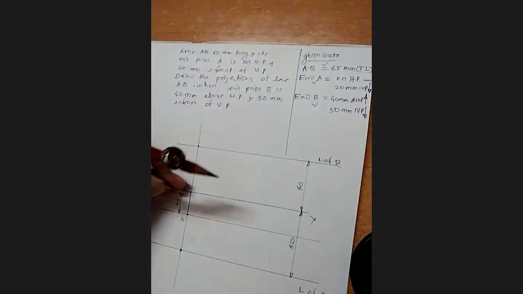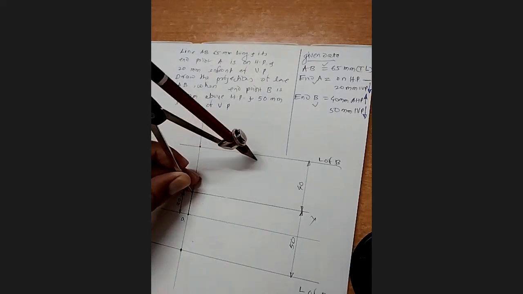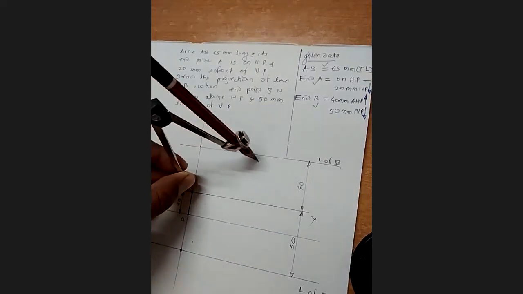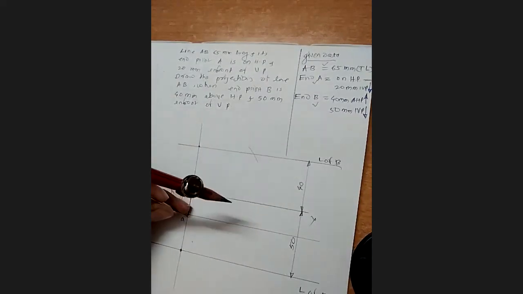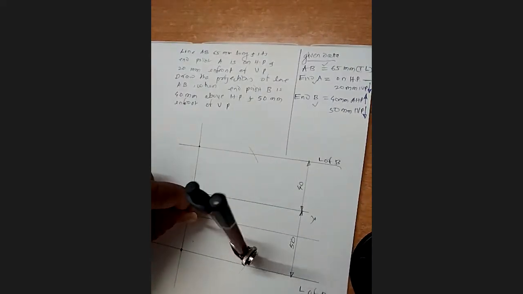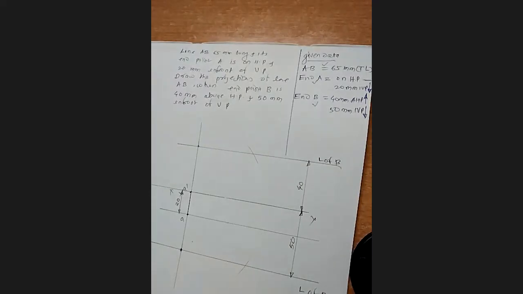Then through point A dash, I will cut this locus above HP. Similarly, by keeping at A, I will cut this locus of B, that is in front of VP. We got these two locus points.